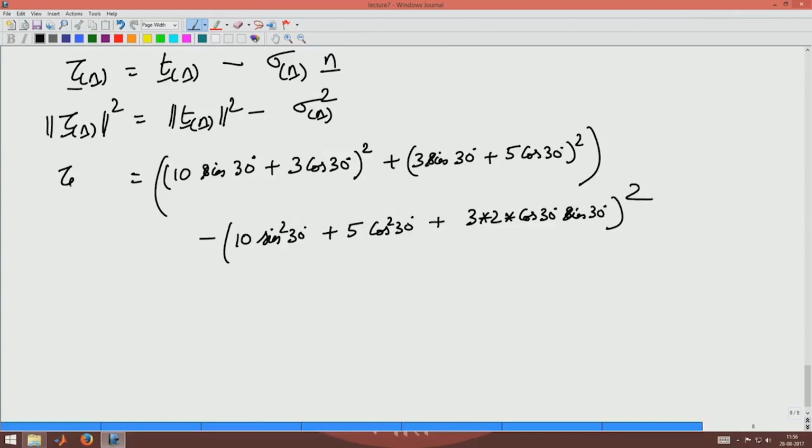That will be tau of n squared. You can do the computations to find the magnitude of the shear stress.